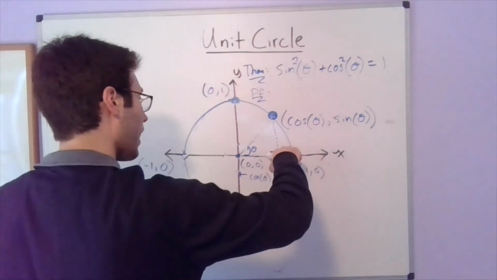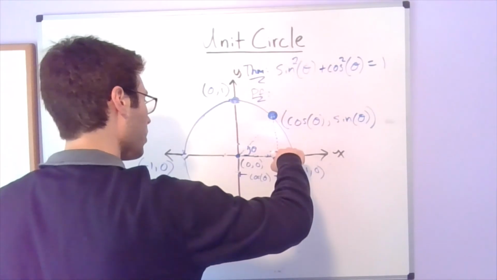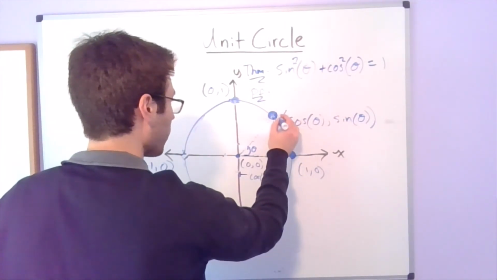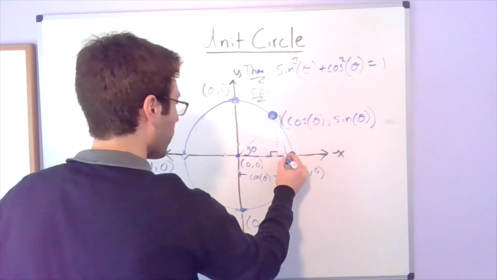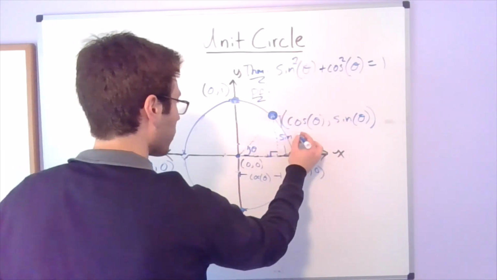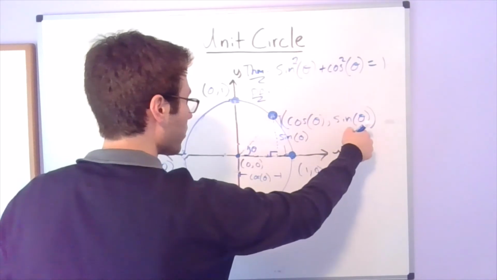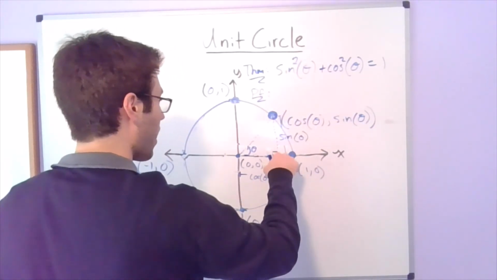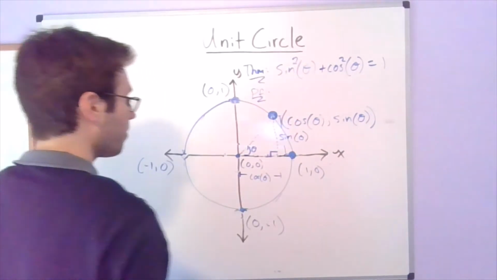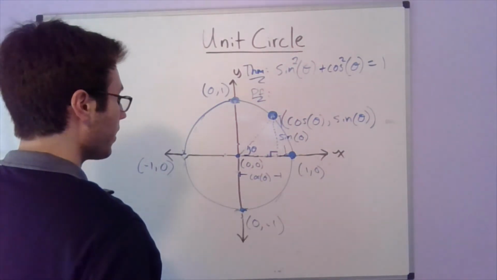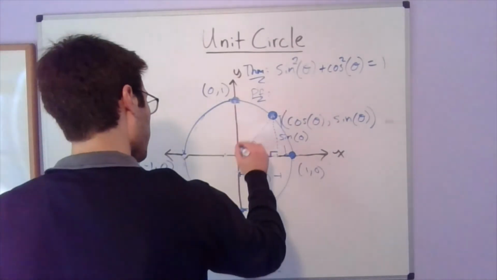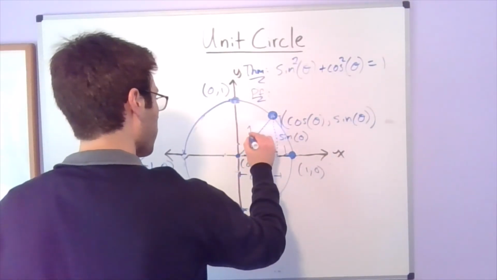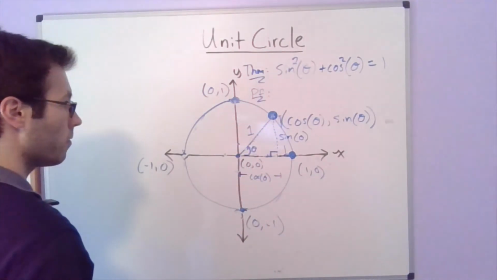If we look at our height, this length from here to here would be sine of theta, because that's our height, our y-coordinate, how high up we are. So this is cosine theta, this is sine of theta. Now we're given that the unit circle has a radius of 1, so this number right here is 1.